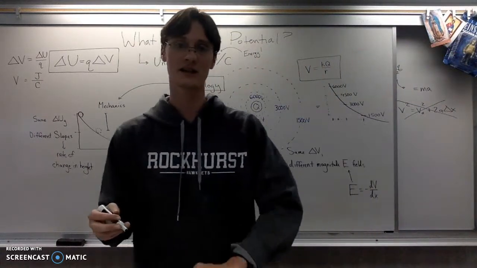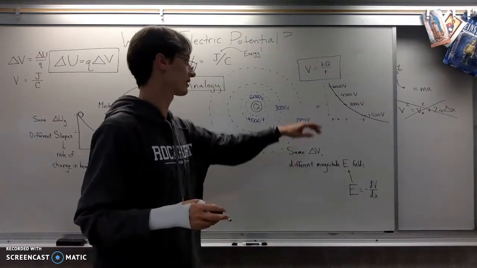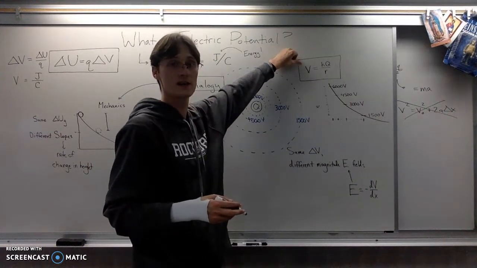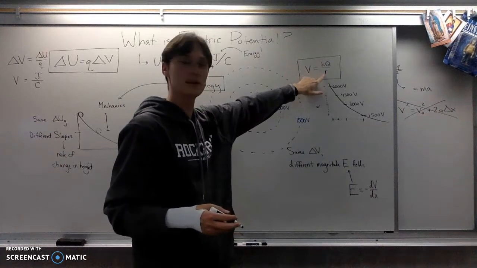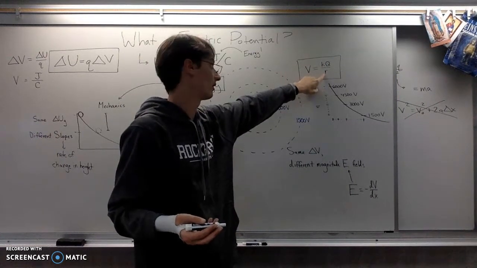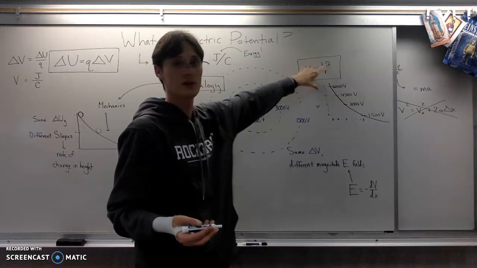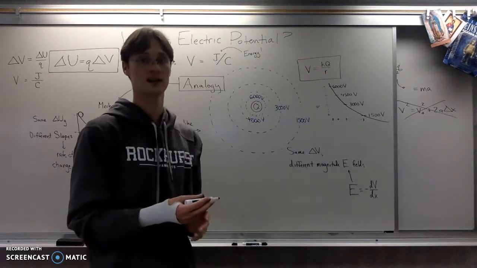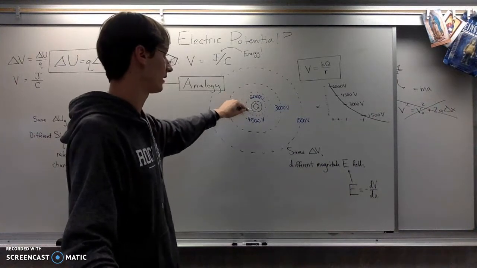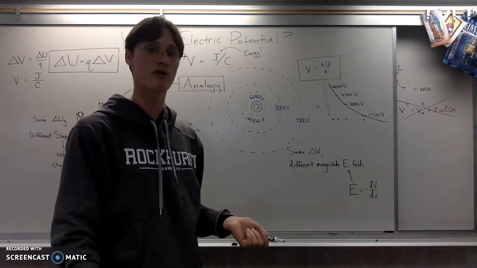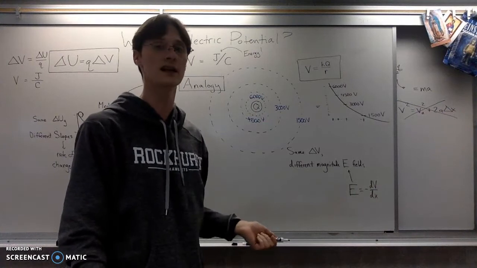When we calculate electric potential using this equation right here, what it's going to tell us is that at some particular distance away from a point charge, the potential has a particular value. It doesn't matter whether you're talking about above or below or to the left or the right, it's just how far away from it are you looking at.